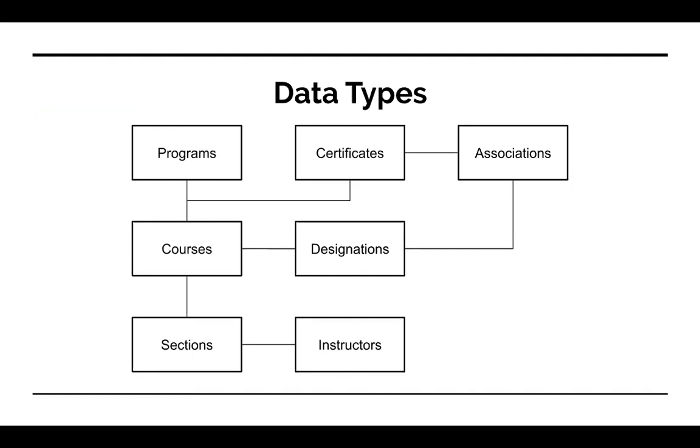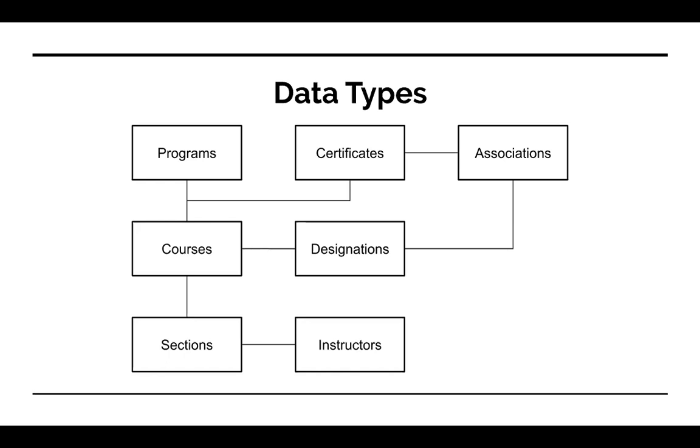And I thought it would be helpful to also talk about terminology, because we're going to be using a lot of terminology that's really specific to higher ed, and in some cases potentially more for higher ed continuing education programs. So I thought it would be helpful to diagram out quickly how some of these things relate to each other. Programs are kind of a superset of a variety of different courses that people can take.